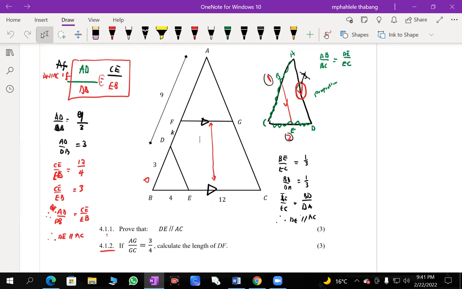Listen, the theorem in the book, theorem 1, says a line drawn parallel to one side of a triangle, full stop. The explanation comes first: a line drawn parallel to one side of a triangle divides the other two sides proportionally.